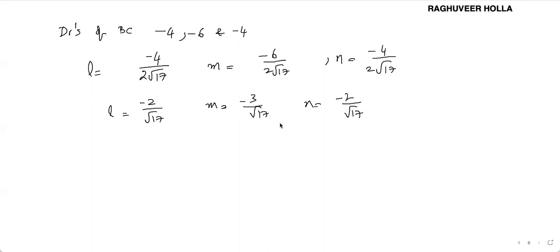So the direction cosines of BC are these.